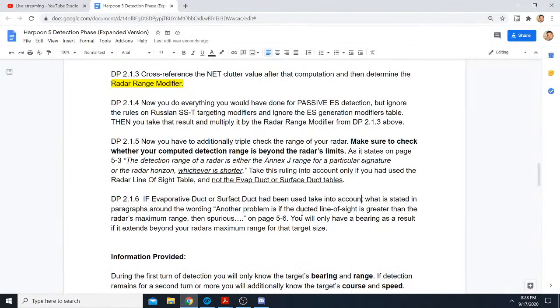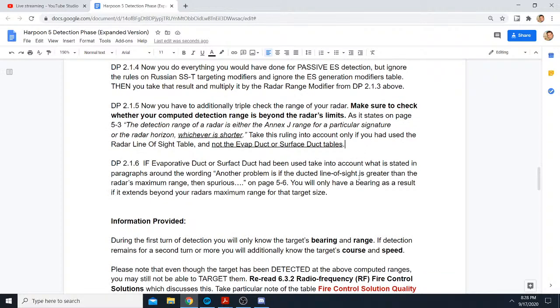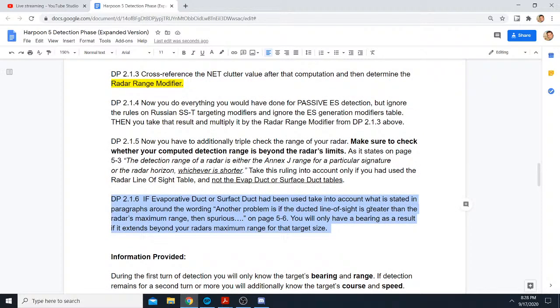So I wish I gave a more direct example here, but we'll get into it a little bit better in the simplot when we start looking at that just a little bit. When it comes to most ship to ship interactions, the radar's effective range will pretty much always be longer than the radar horizon, especially in modern warships.